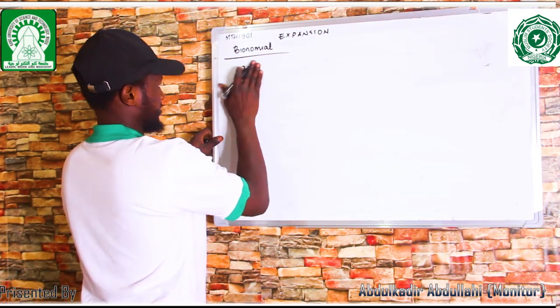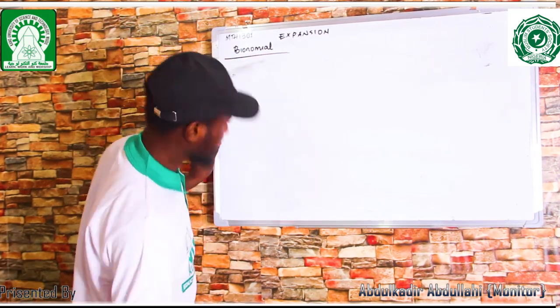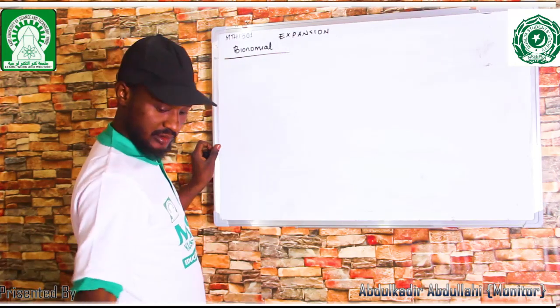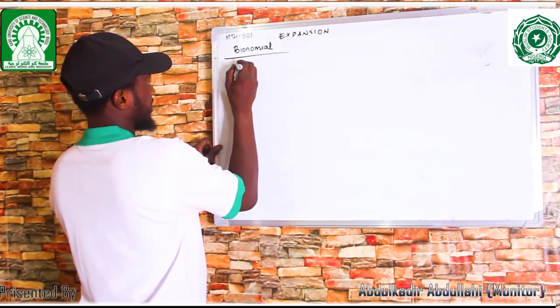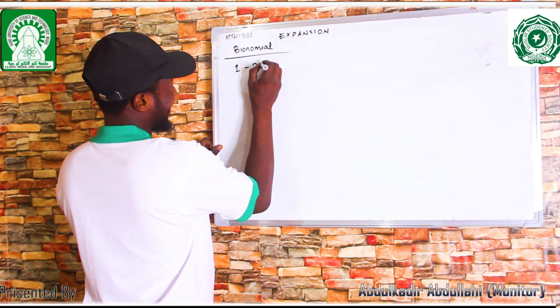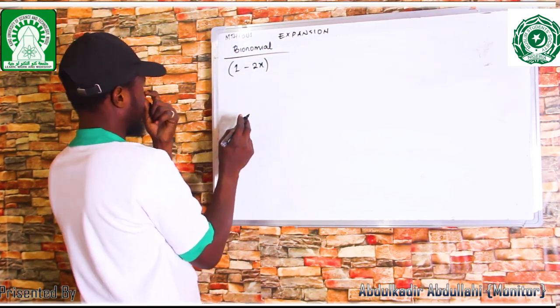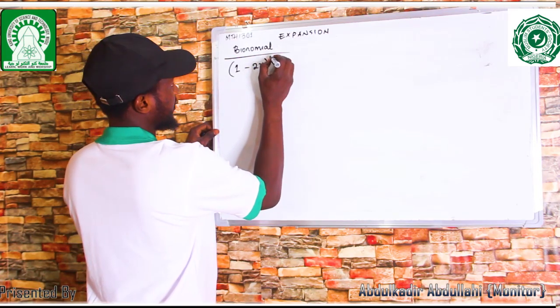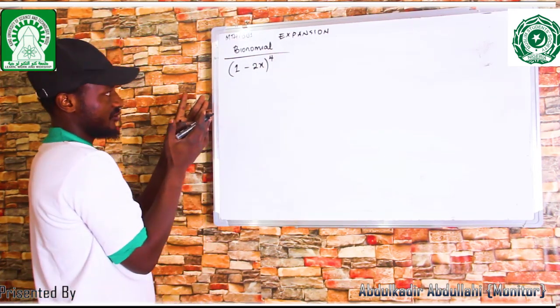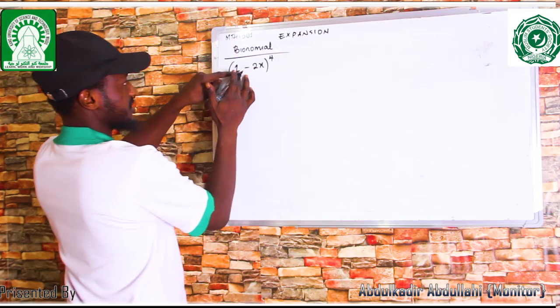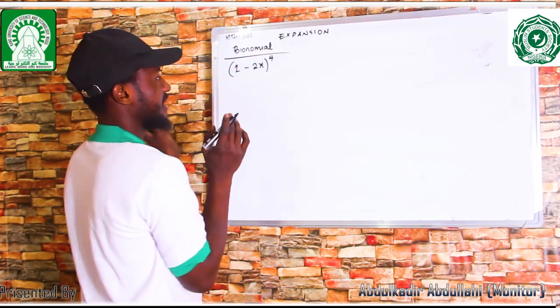Let me use a number first: let me use (1 minus 2x) power 4, and we are asked to expand this. This is our first number and this is our second number. Now let's use the binomial theorem.